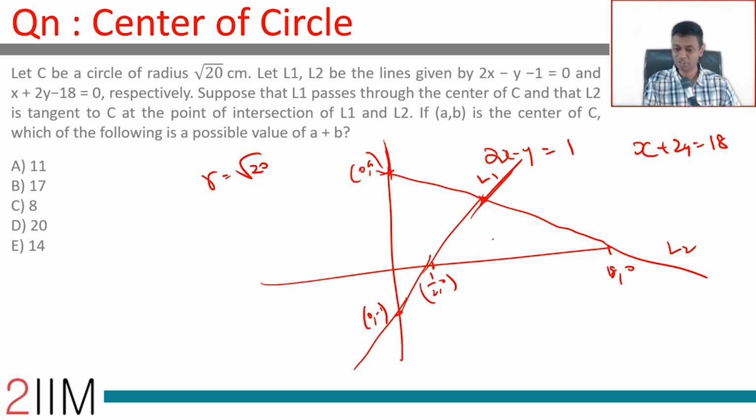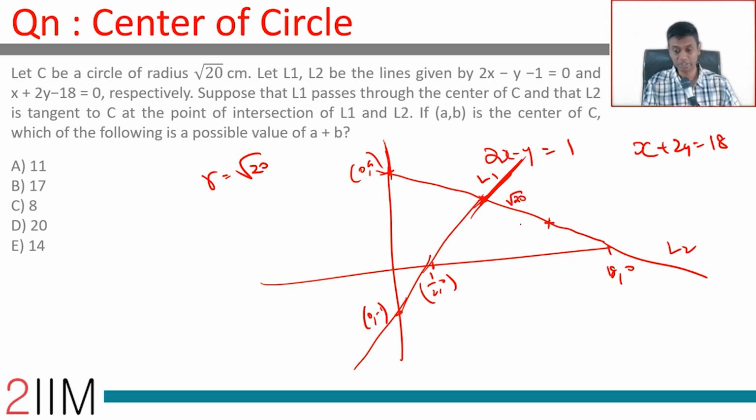A comma B is the center of C, so A comma B can be here, and this point of intersection is there. L2 is tangent to C at the point of intersection, and so these two lines are perpendicular. So this is a radius, this is a tangent, and so we find A comma B, and then the distance from A comma B to the point of intersection should be equal to the radius. Then it will be a tangent. Radius is square root of 20 centimeters.